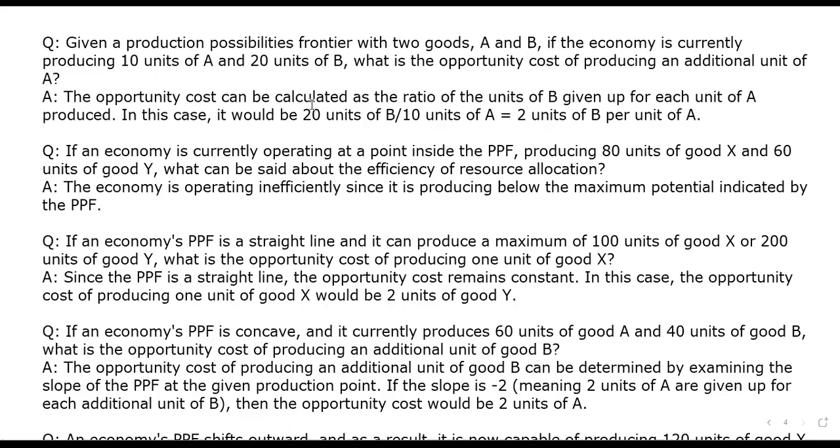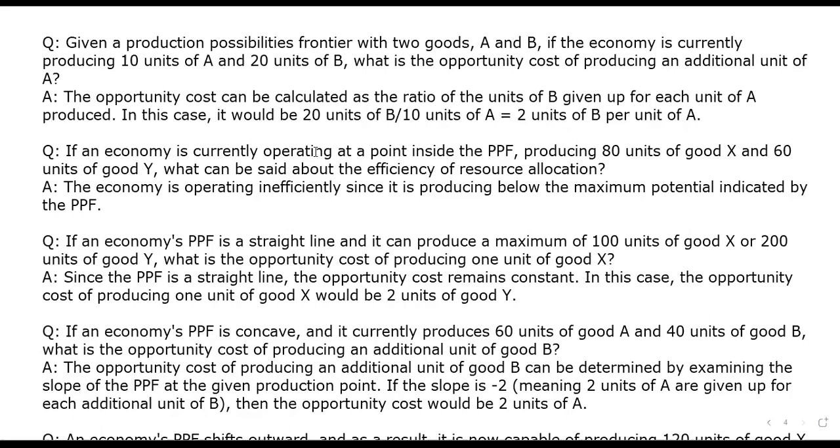So 20 divided by 10 is 2 units. This is how we calculate it. If they ask how much is the opportunity cost of producing an additional unit of B, we do the vice versa, 10 divided by 20, which is 0.5.